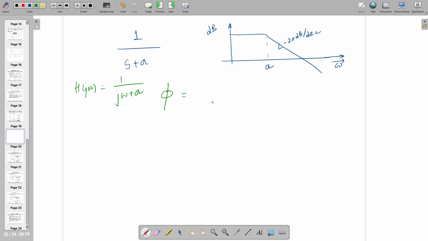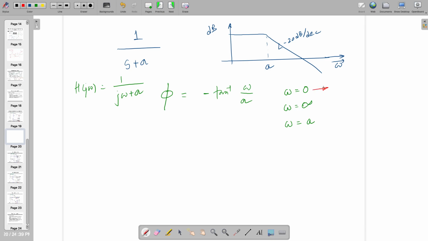So the phase is minus tan inverse of omega by a, right? All good. Okay, so now my interest is in three things: what is happening at omega equal to 0, what is happening at omega equal to infinity, and what is happening at omega equal to a for the phase.